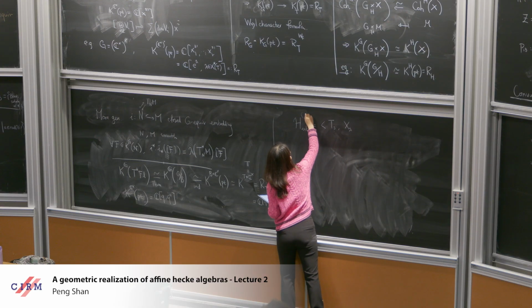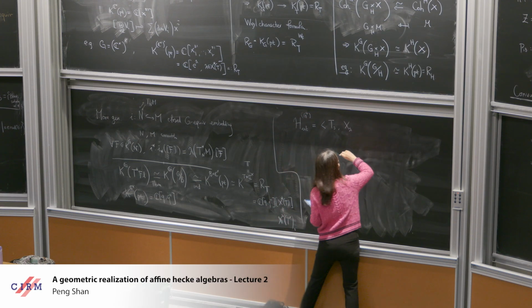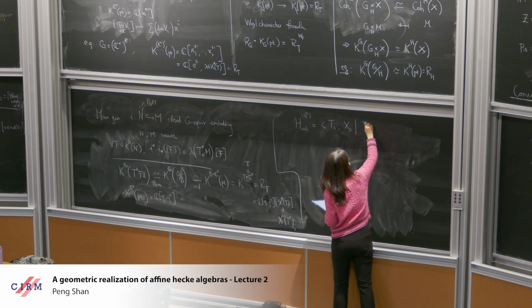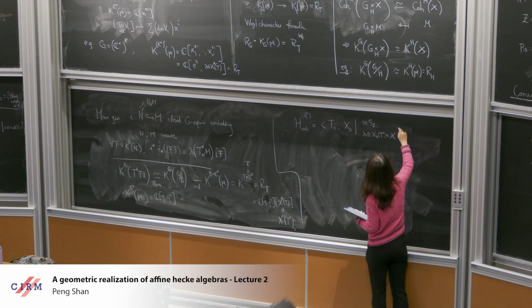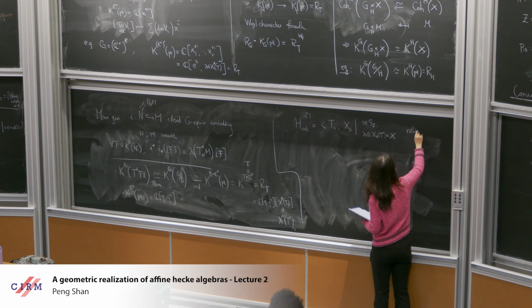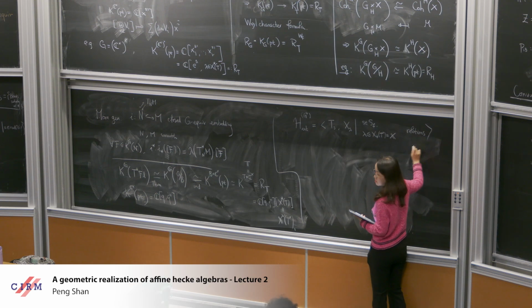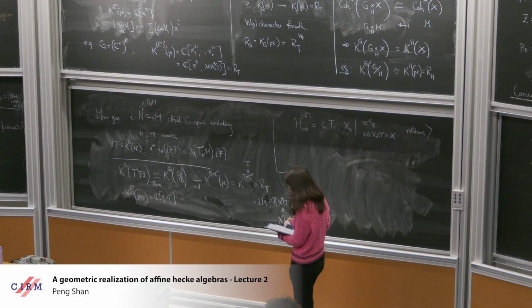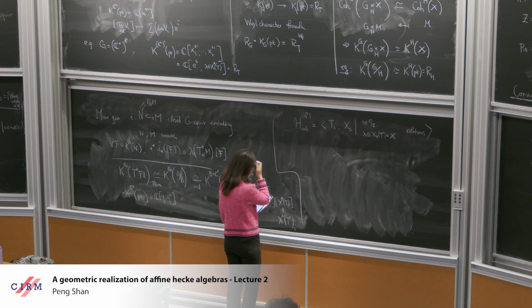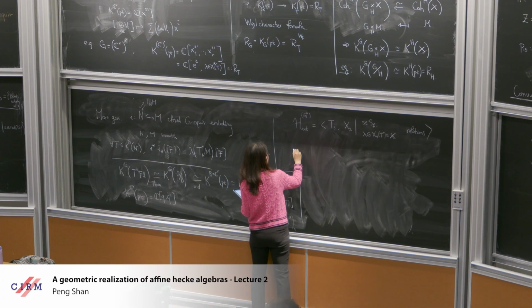Now I'm doing everything for G check, so I'll switch notations. Here s is a finite reflection, and lambda is in the cocharacters of T check, so let's write this as X. And they are subject to some relations, which we have written down yesterday. I'll not copy them. And there's one thing I didn't have time to say yesterday, but it's kind of important, is that this algebra has a polynomial representation.